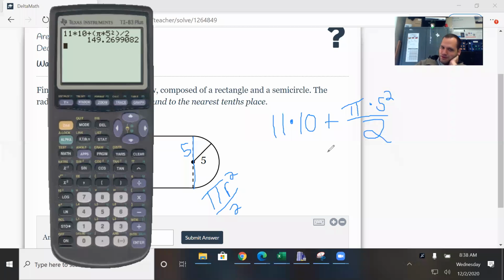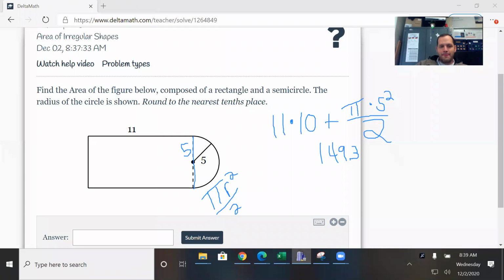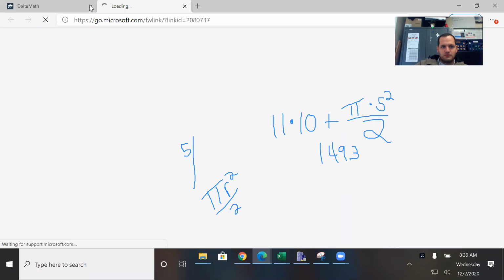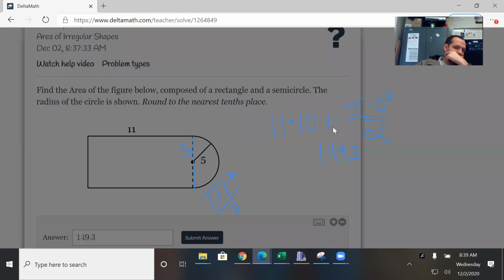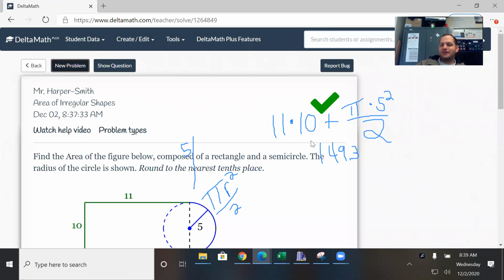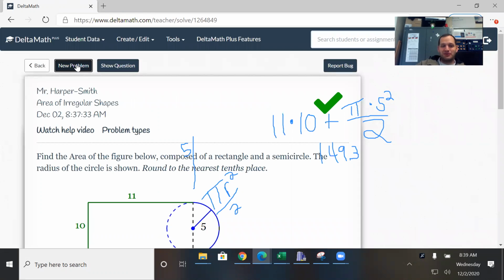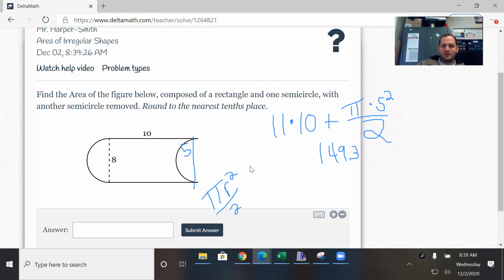So we've got 149.3. As you can see, I'm just breaking it into smaller shapes. That's all that I'm really doing. Okay, it's nothing super crazy.